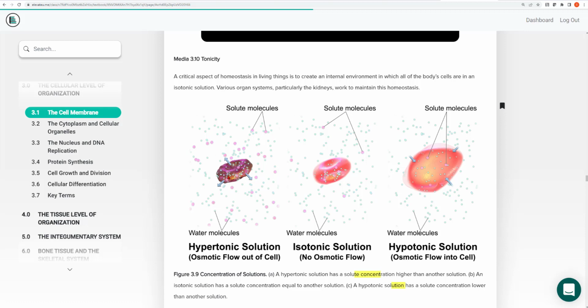So when you give an IV, oftentimes you give an IV which is isotonic with the blood, so that the cells are not negatively affected by the IV. So we give someone saline, which is 0.9% sodium chloride, or we give them a glucose drip. But those solutions are largely isotonic, so that the cells in the blood are not affected by this change in tonicity.